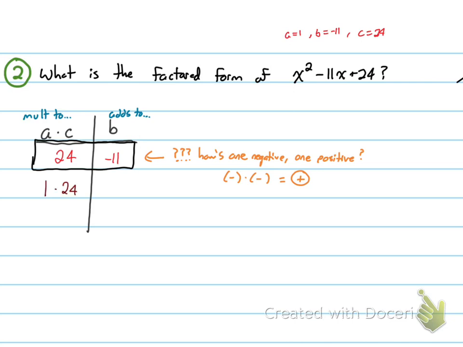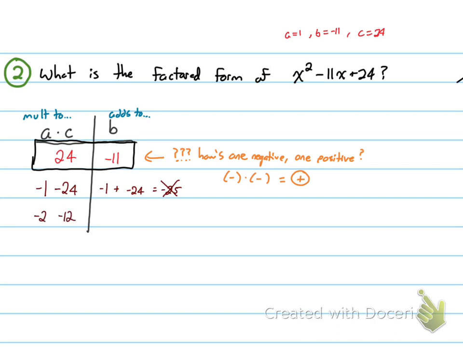So instead of thinking 1 times 24 gives me 24, I'm going to make them both negative, because I want my two numbers to add up to give me a negative value. Negative 1 times negative 24 gives me positive 24. Then let's see what they add up to. Negative 1 plus negative 24 gives me negative 25. I want two numbers that add up to negative 11, so that's not going to work. 24 is an even number, so I know it divides by 2.